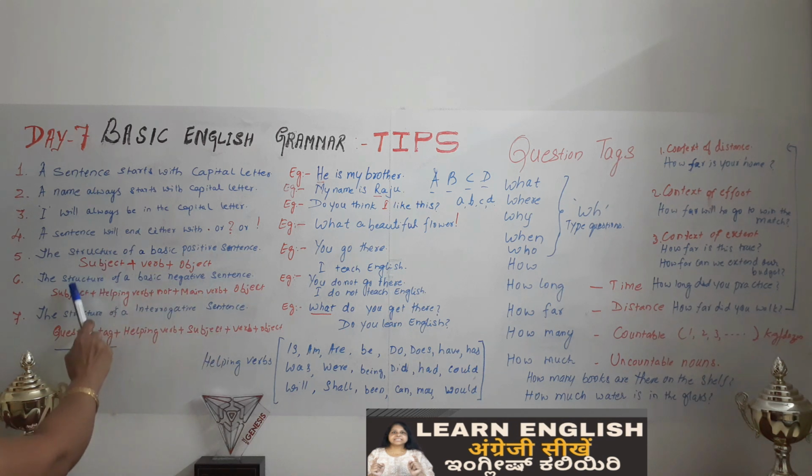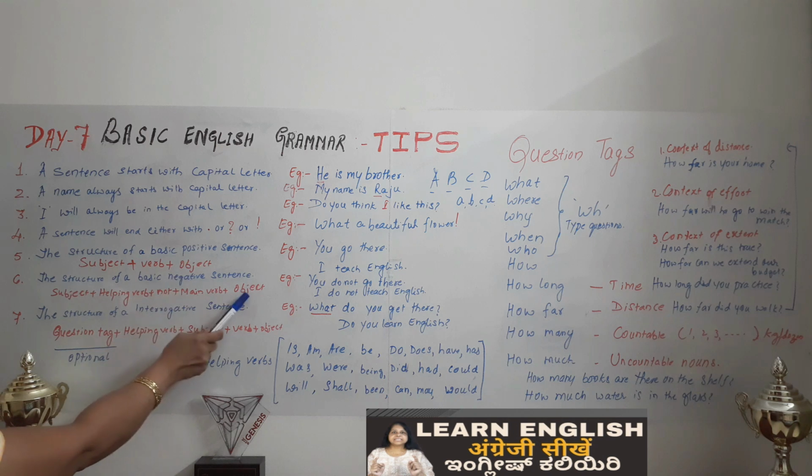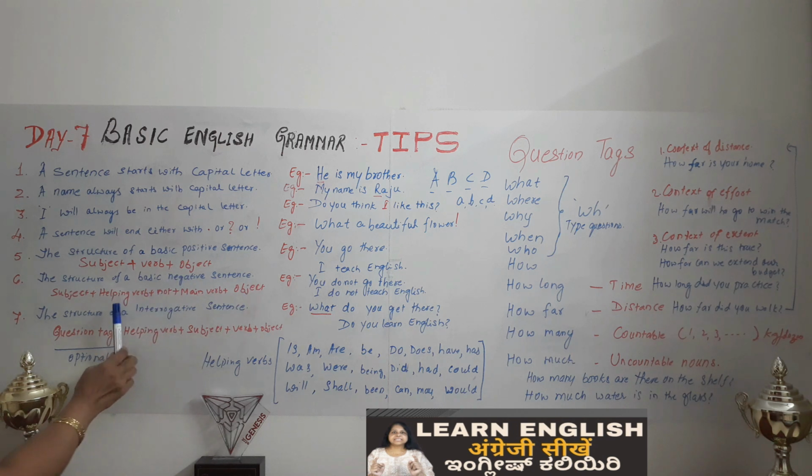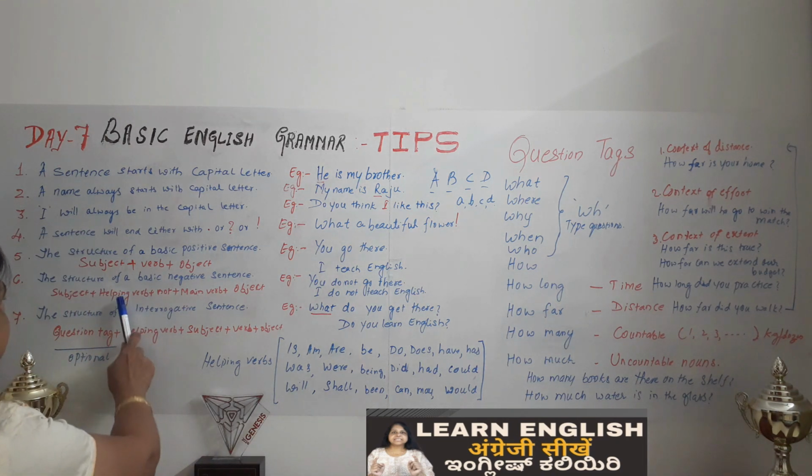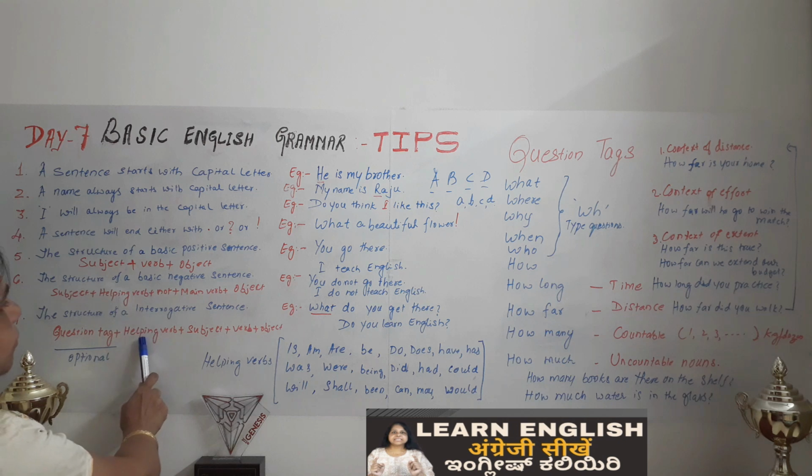So here subject is there, verb is there, object is there, and the special things here are the helping verb and not. Alright, so how to use that? And what is a helping verb? Here also, helping verbs. What is a helping verb?